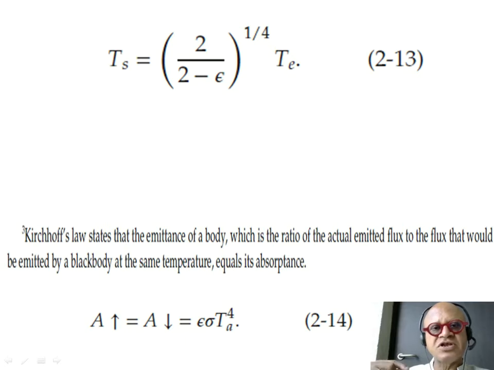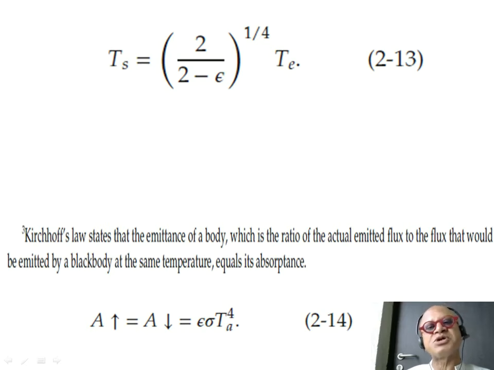Emittance and absorptance are the same, and it's the fraction of the actual emitted flux as opposed to a pure black body which would emit everything, right? A pure black body takes energy, reaches some temperature, and emits all of the energy it received as black body radiation.